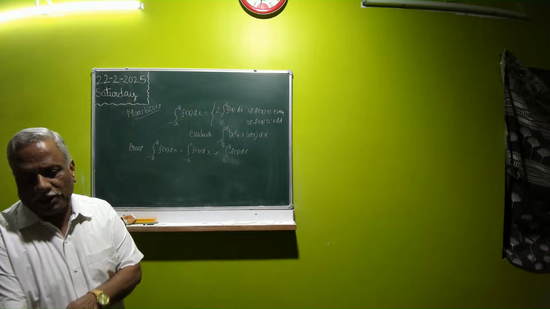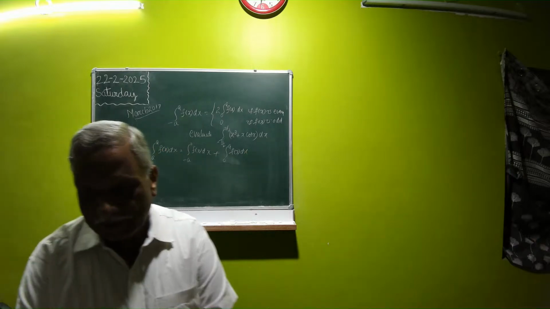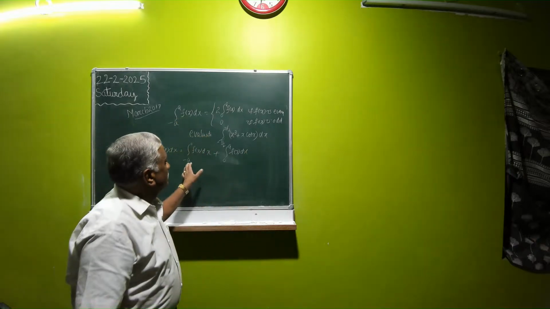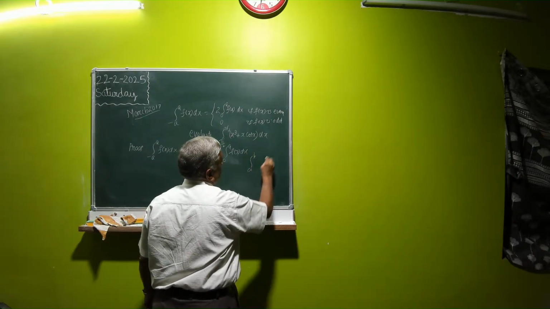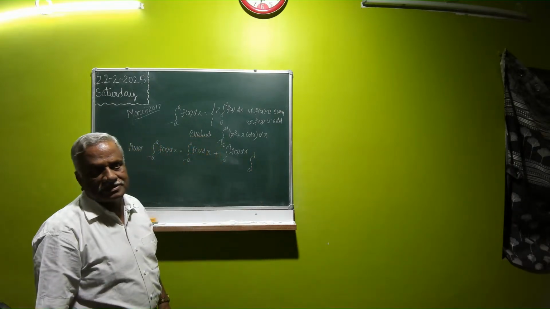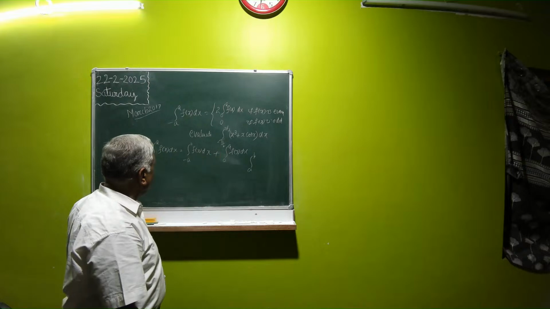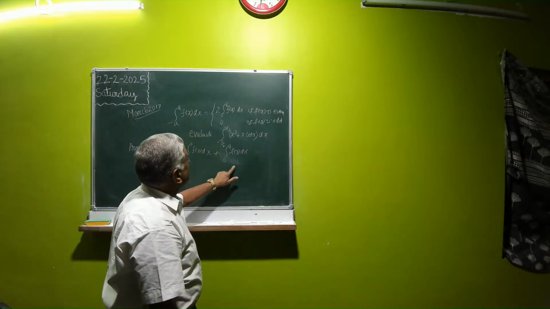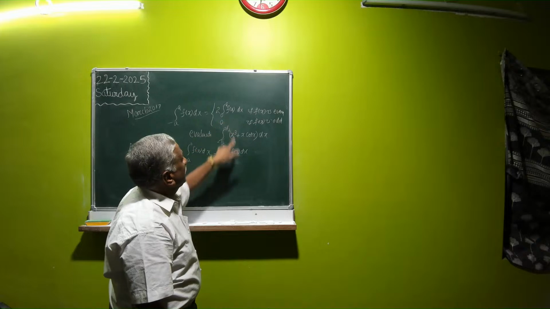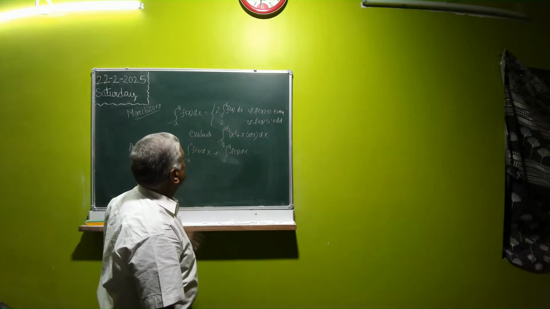What is the method you are employing? The method which I have already discussed: integral from a to b is written as a to c plus c to b, splitting the limit. So now we will keep this as it is because we are going to get twice. So this we are going to simplify.